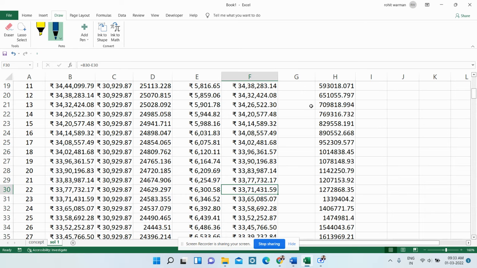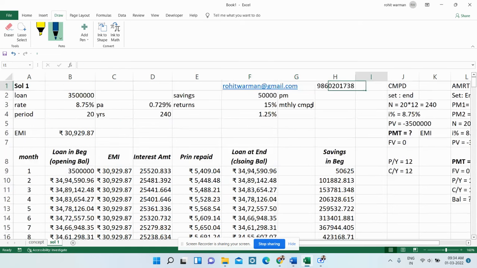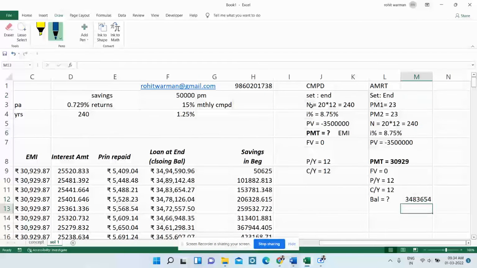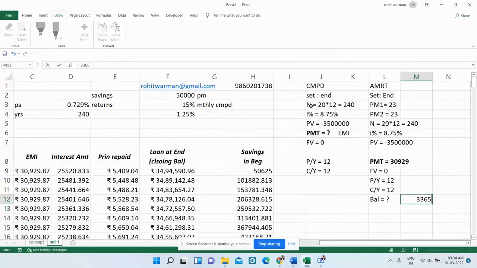Sorry, instead of 23, I put 3. I'll go to the balance and solve. Yes, 3365,085. So what you are getting is the balance at the end of the 23rd month.